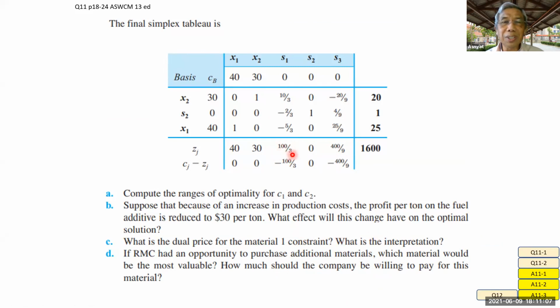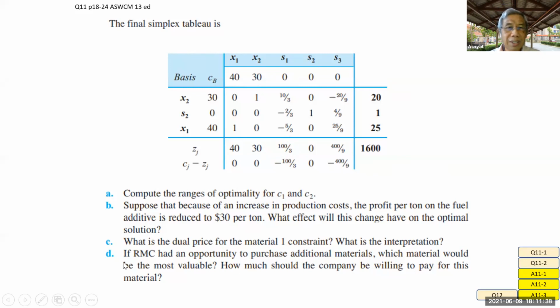You may get some profit, but there may be some cost also. Maybe the factory floor charges you. So you may get a profit of 100 divided by 3, that means 33.33. If the factory floor charges you 40 ringgit or $40, it's not worth it. If they charge you maybe $10, it is okay.